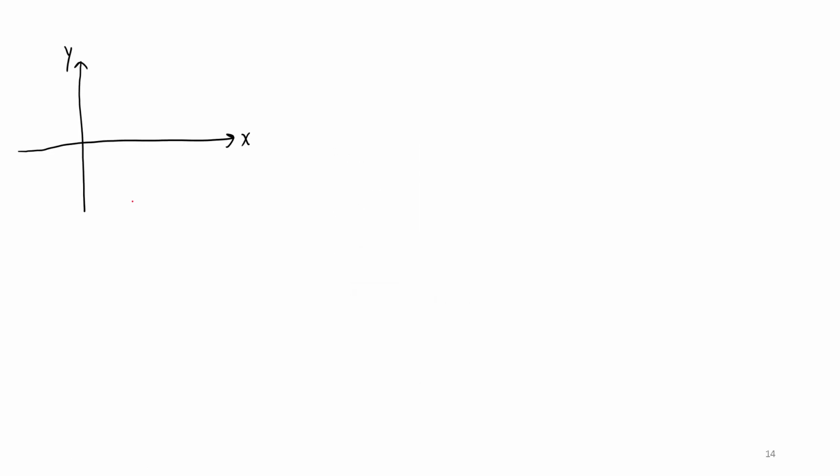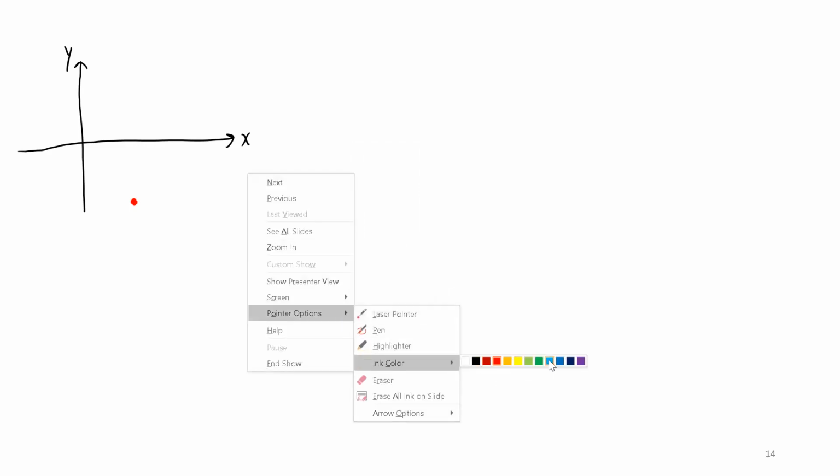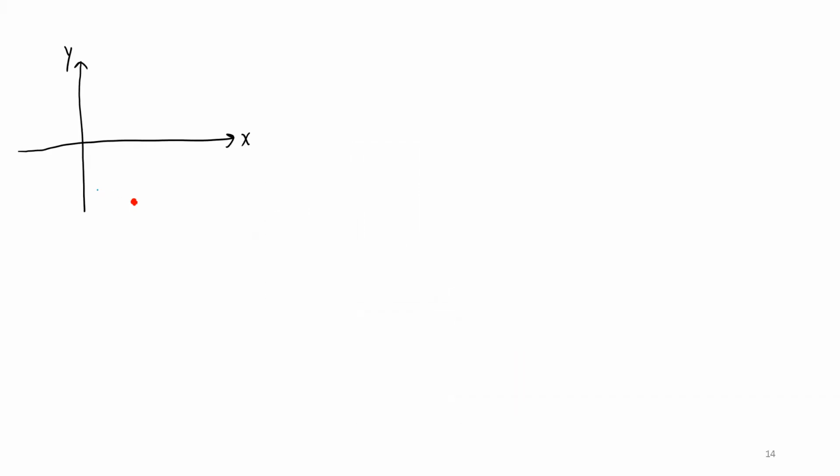Suppose I have a particle over here, and the trajectory of the particle looks something like this. This red dot is moving like this over time.